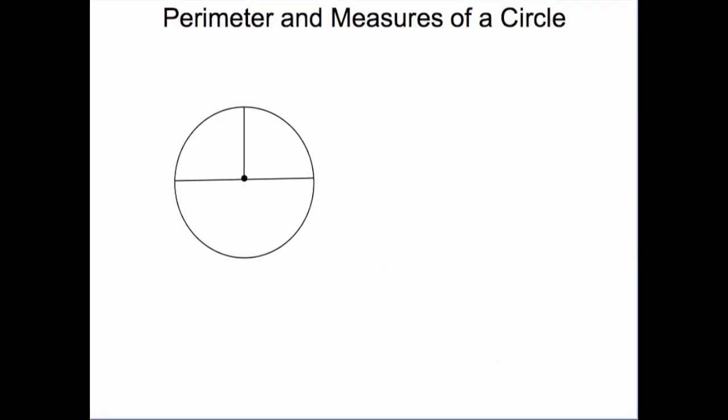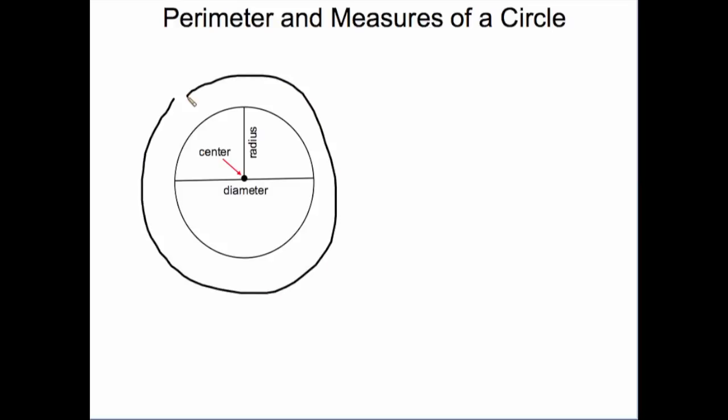Okay, so we need to talk about some parts that our circle has. First off, the point in the middle is called the center. The distance across the circle through the center point is called the diameter. And then the radius is the distance halfway from the outside of the circle to the center point. Now we have a couple things that we need to talk about.